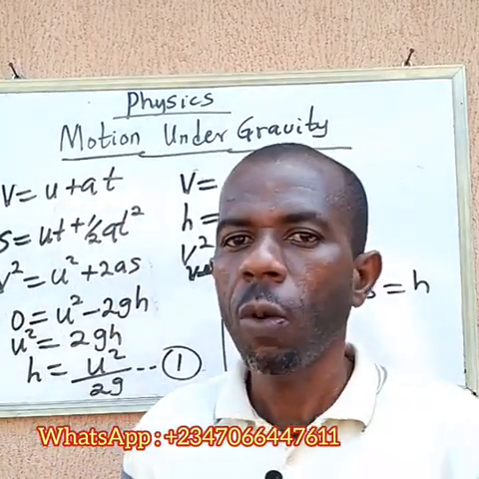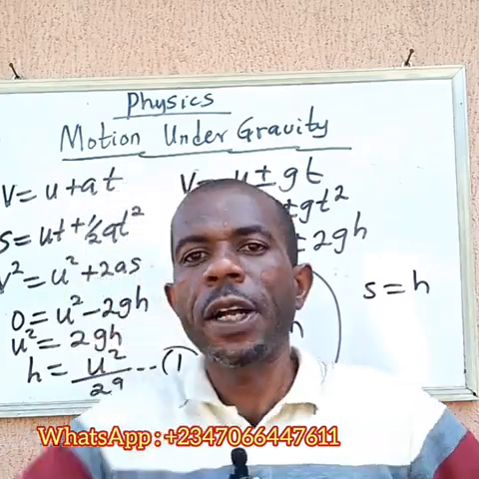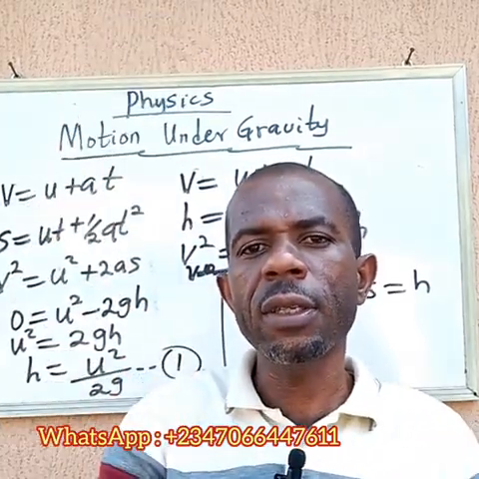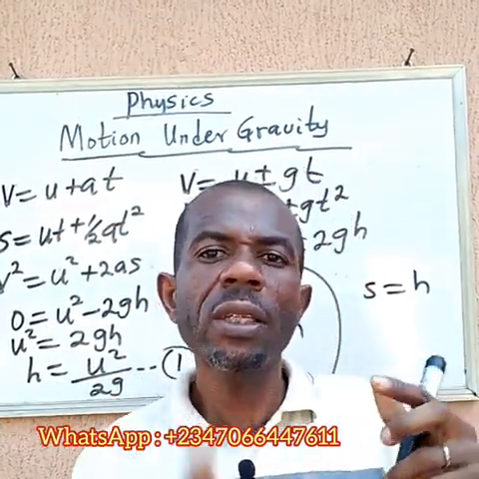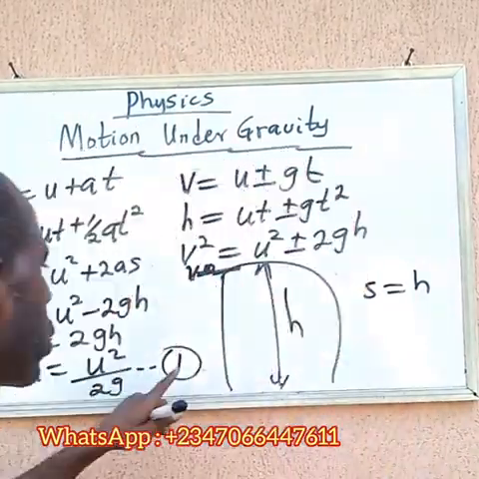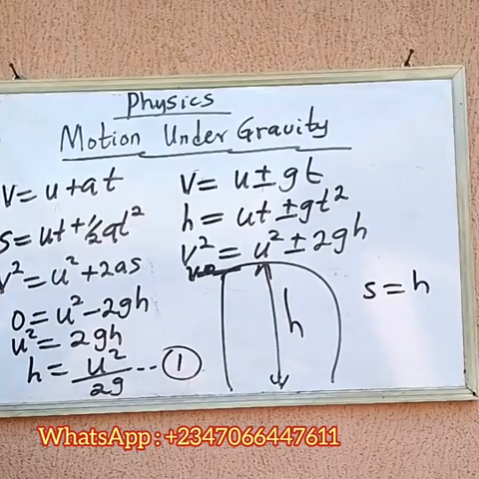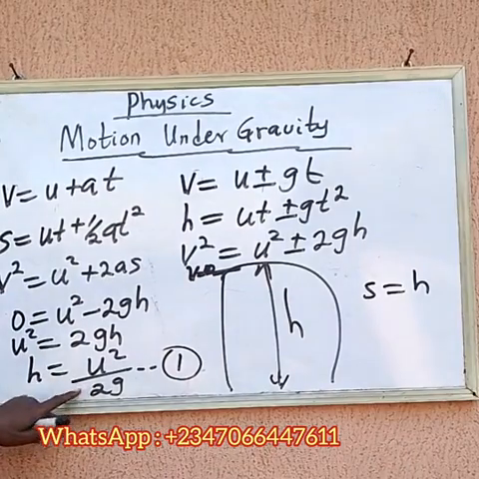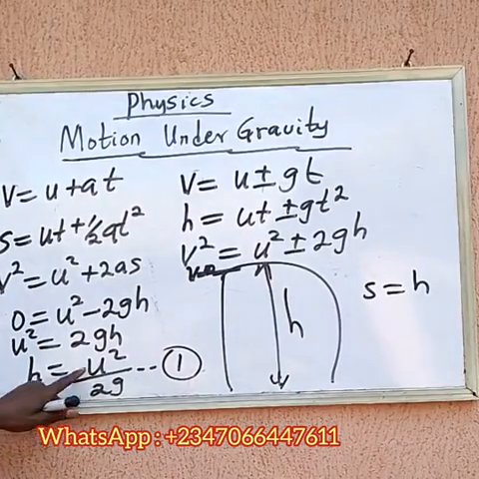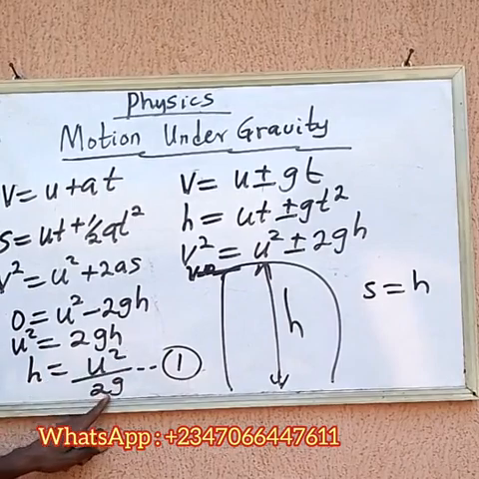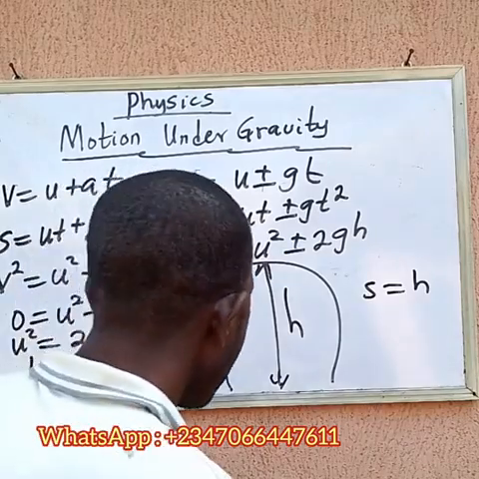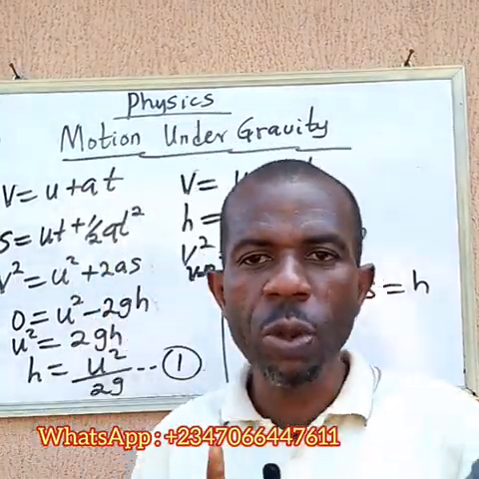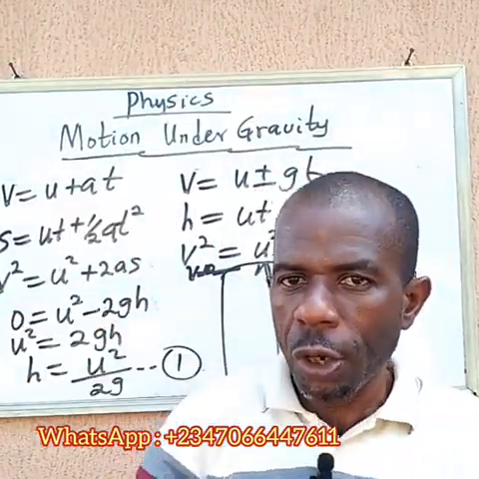When you project an object vertically upward, to get the maximum height attained by that object, we make use of this formula. That is, the greatest height equals u squared over 2g.